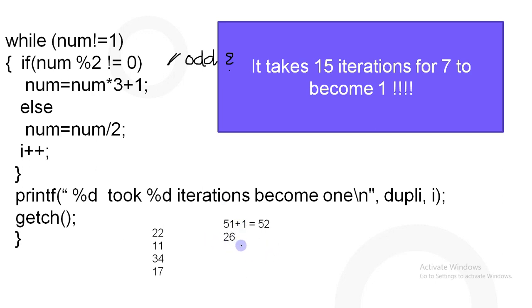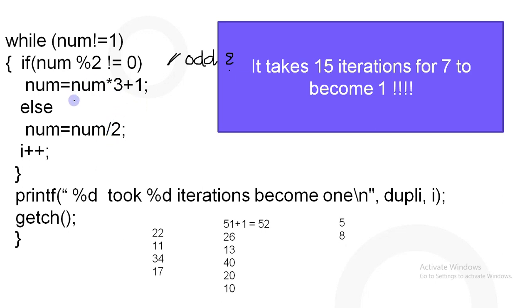Then 52 will become 26 in the next iteration, 26 will become 13, 13 is odd, once again 13 will become 40 because 13 into 3, 39 plus 1, 40. 40 will become 20 because 40 is even, 40 by 2, and 20 will become 10, then 10 will become 5, 5 is again odd, so 5 will become 5 threes are 15 plus 1, 16.